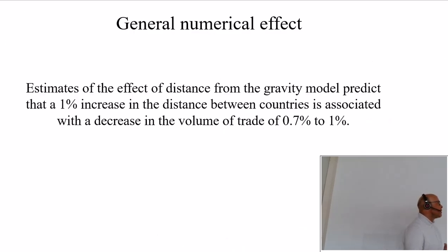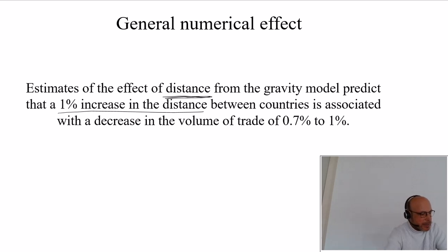Well, of course, in general, you can always look at the special example, but in general, what we find, especially when we take this general distance, is that overall the estimations show that if you reduce the distance by roughly 1% due to its different dimensions, you have more or less an almost one-to-one implication on the trade volume.